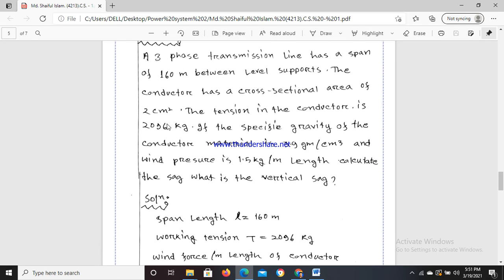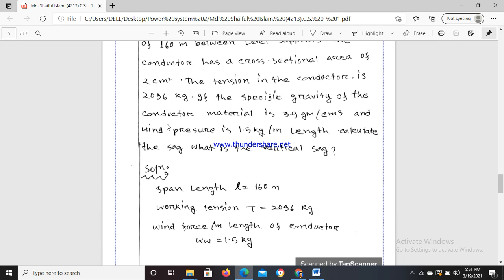The tension in the conductor is 2096 kg. If the specific gravity of the conductor material is 9.9 gm by centimeter cube and wind pressure is 1.5 kg per meter length, calculate the sag. What is the vertical sag?